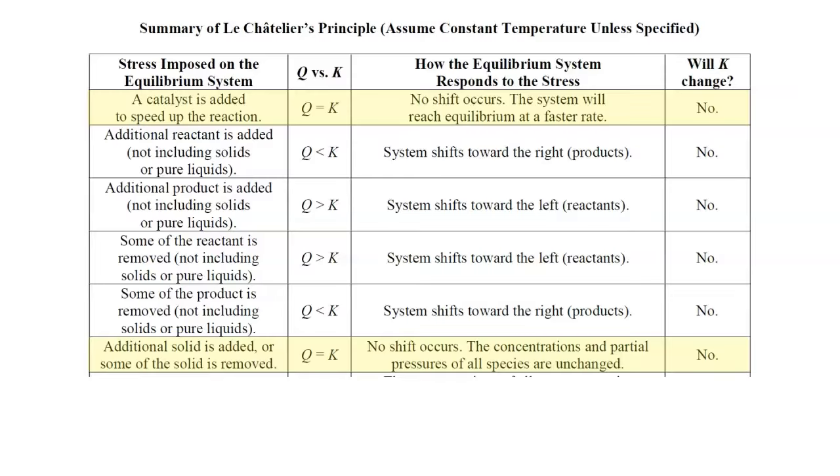No shift in the equilibrium position will occur because the concentrations or partial pressures of all species remain unchanged. Solids are not included in the equilibrium constant expression, so adding or removing some solid will not cause a shift in the equilibrium position.